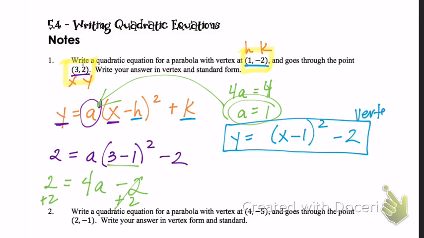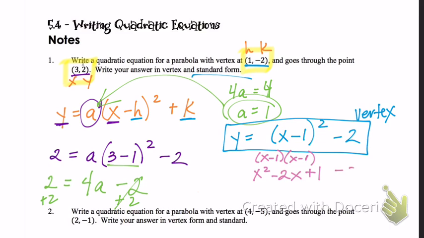That is vertex form. It says also write it in standard form. So how could I get it in standard form from vertex? Yeah, I want to just FOIL it out, so I want to multiply it out and then solve. So I'm going to FOIL out the X minus 1, which becomes X squared minus 2X plus 1.